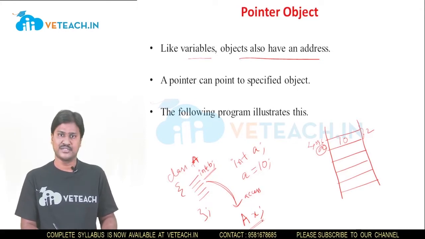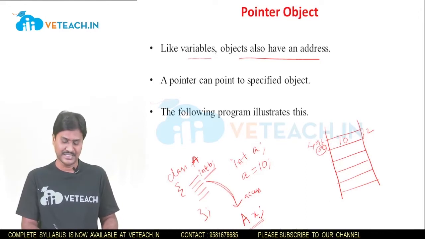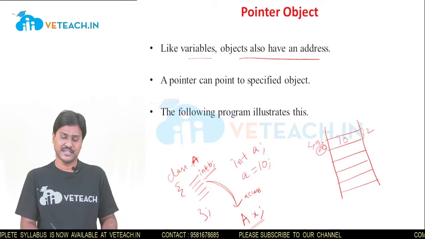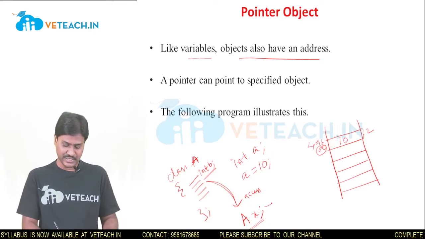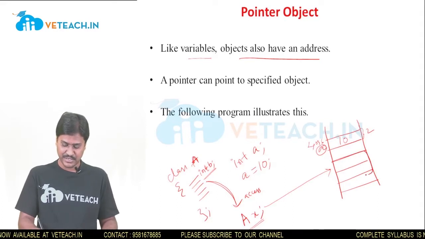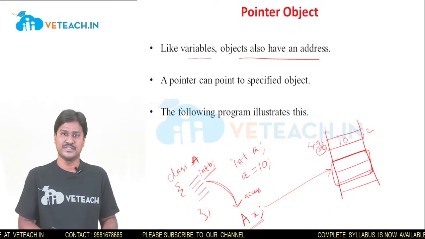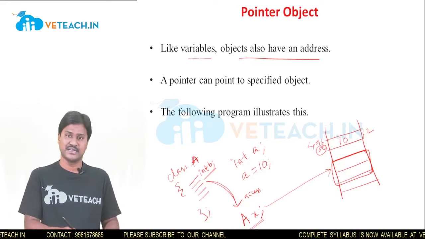The declaration of an object is nothing but the class name followed by the object name. Now x is an object of this class A, and when we create memory for this class A, some part of memory is reserved for this object to hold the values of the data variables defined inside the class.